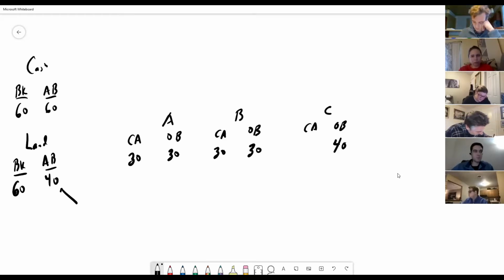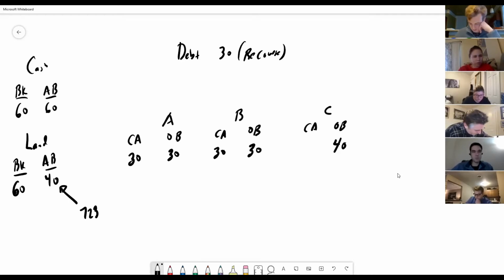And 723 is the rule that tells you that. And then we got debt up here that the partnership assumes, 30 recourse. So that's pretty much all the simple stuff, I think. Right? There's nothing too tricky thus far.